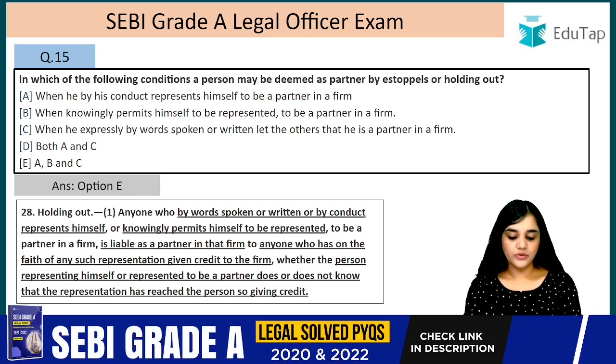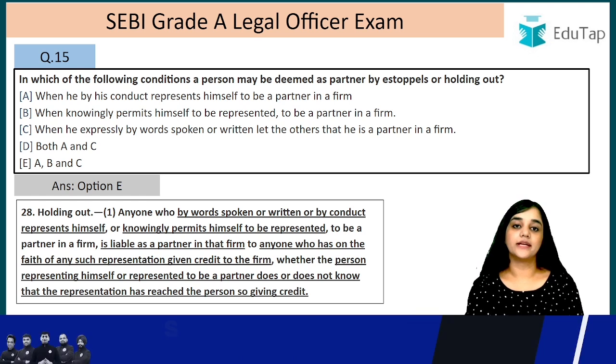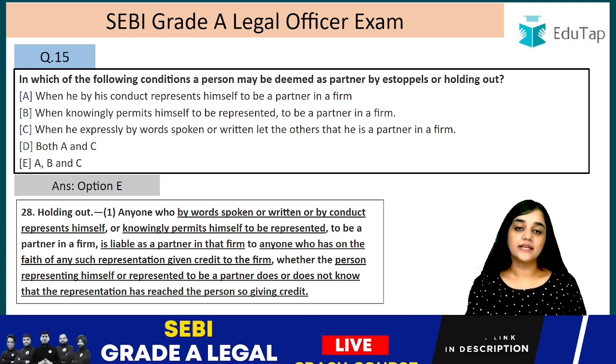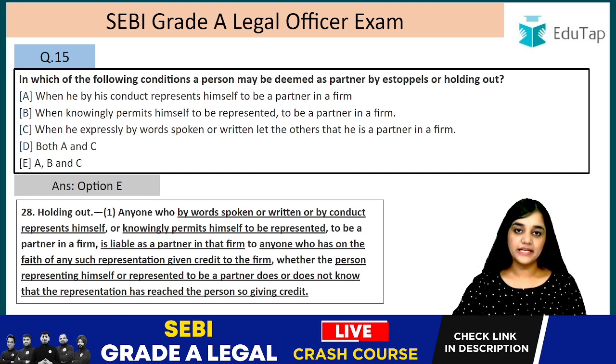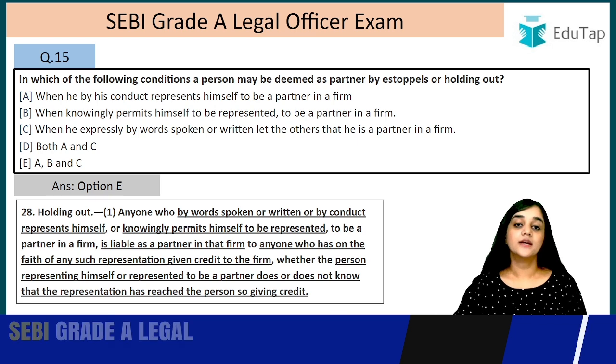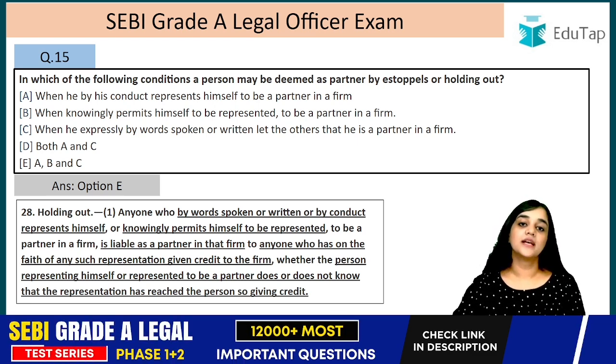Whether the person representing himself or represented to be a partner does or does not know that the representation has reached the person giving credit, it does not matter. If he is representing himself or permitting someone else to represent him as a partner, then he is liable as a partner only. This is the concept of holding out. This is the concept of estoppel.